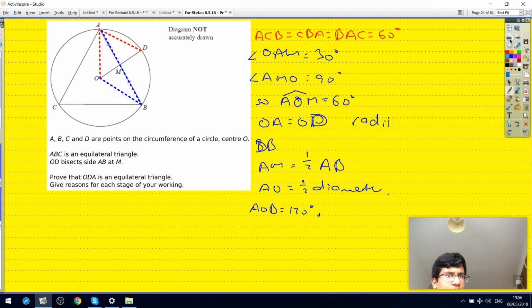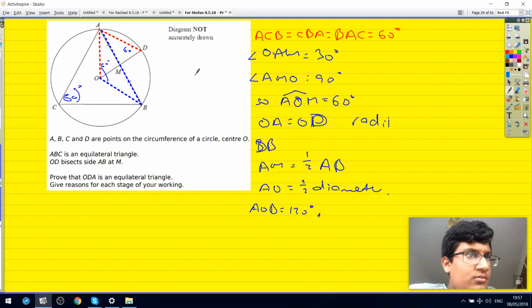ACB equals 60, because it's an equilateral triangle mark there, and then we times that by 2 to get that. Ah, yeah. And so from that, you can say that this is 60. Is that right? Yeah. And that this up here is 60. Hang on.